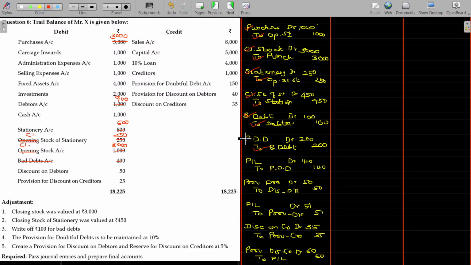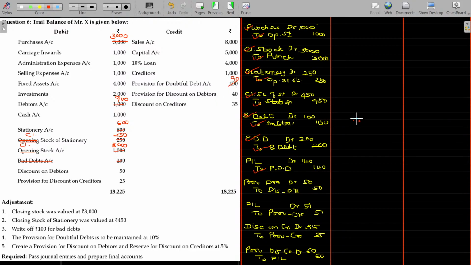And provision for doubtful debts, debit 200 rupees, credit 140. So naturally what happens? We have a debit balance of PDD 60. Already we have 150 here. From that 150 rupees credit, this 60 debit is subtracted. Then we will end up with how much? 90. Hope you could understand.